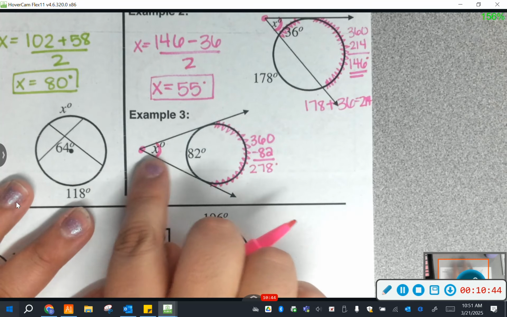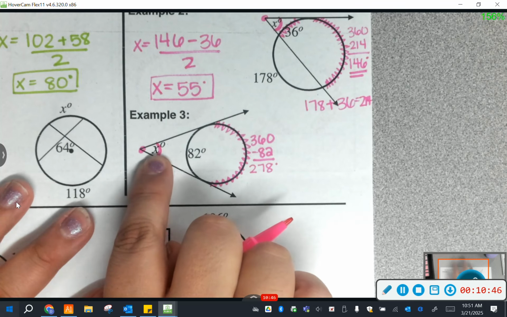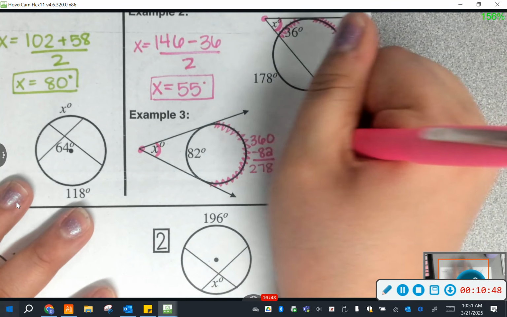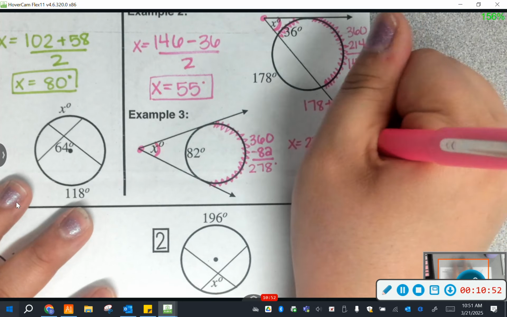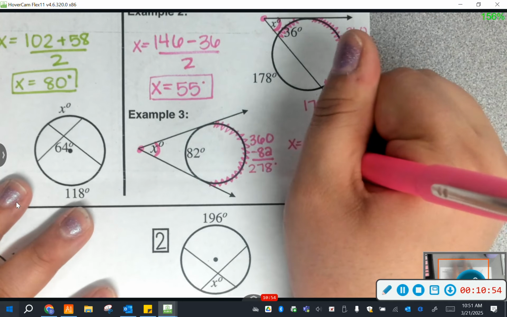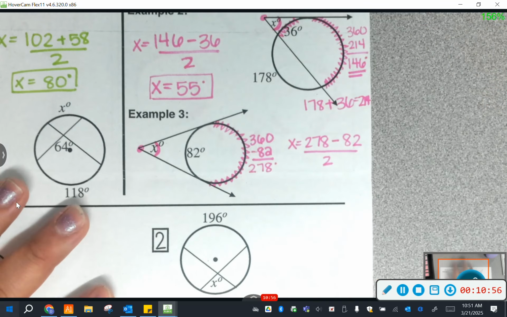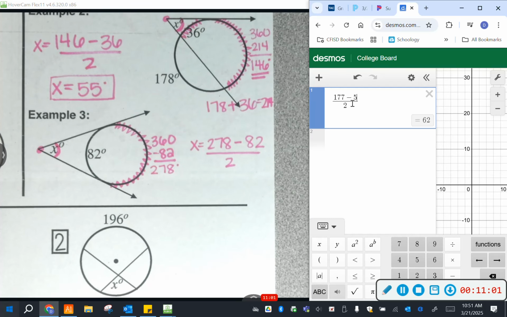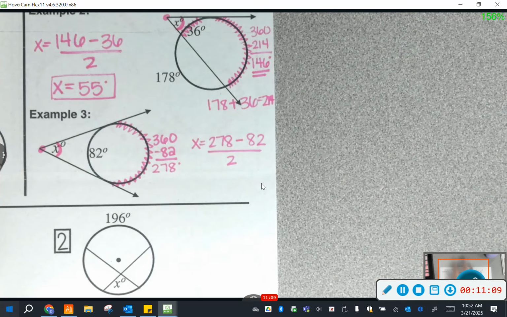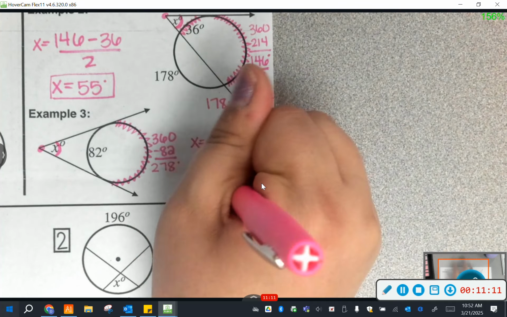How do I find that angle right there? Your big arc minus your little arc divided by 2. Your big arc minus your little arc divided by 2 is 98 degrees.